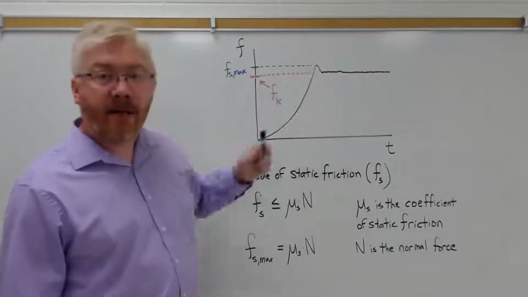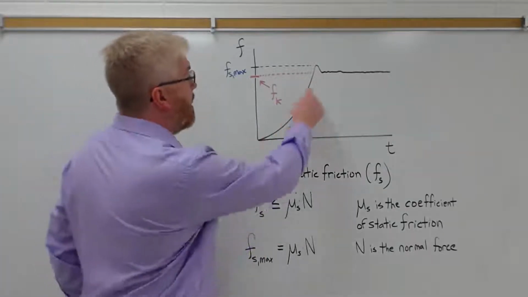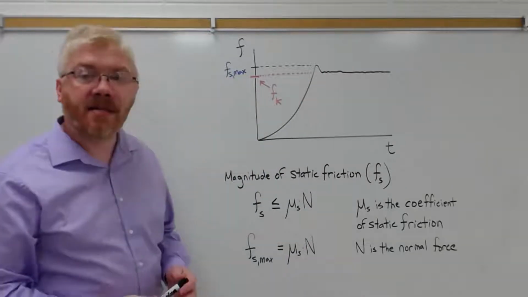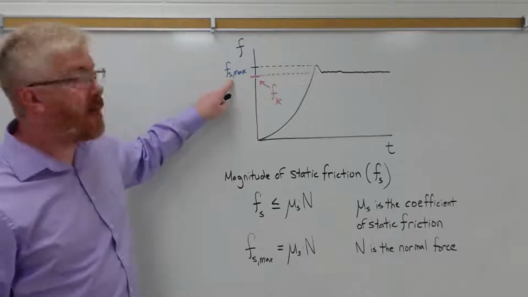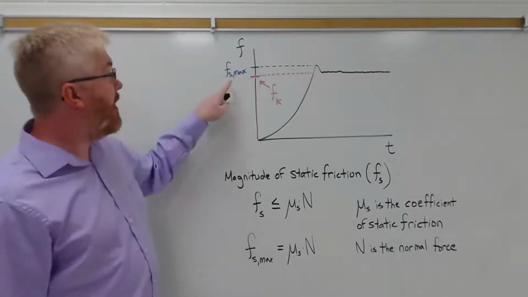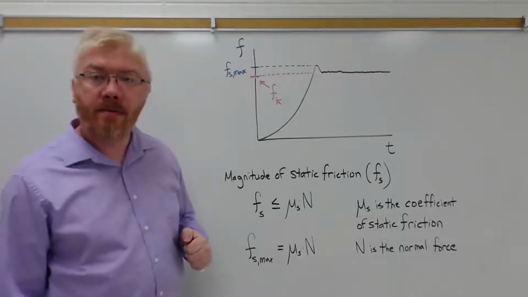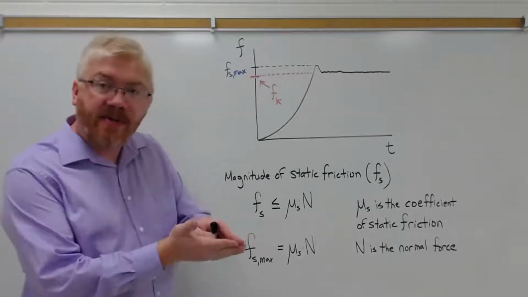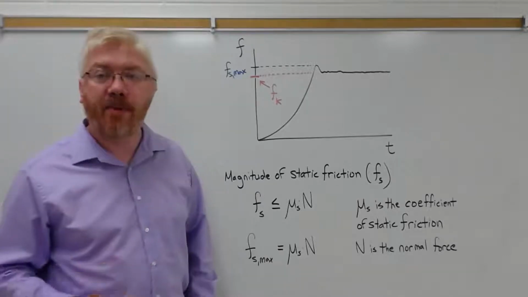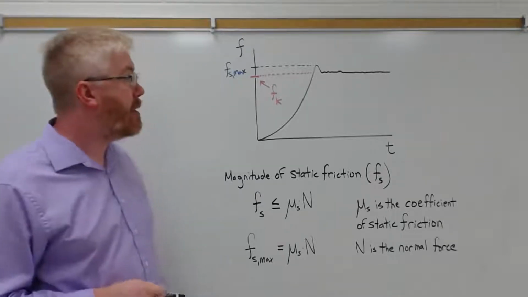This breaking point, when the box starts sliding, is the maximum amount of static friction the box can apply. So this is F sub s, comma, max. That is not variable. That depends on the surfaces in contact and the weight, or how hard the object is being pushed up by the floor. And we'll talk about that in a moment.